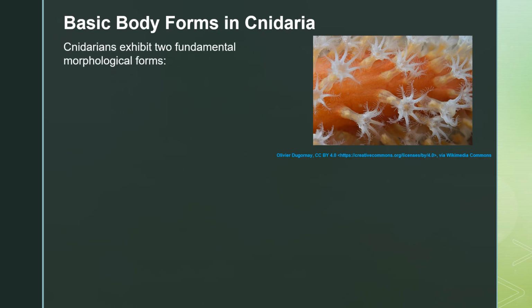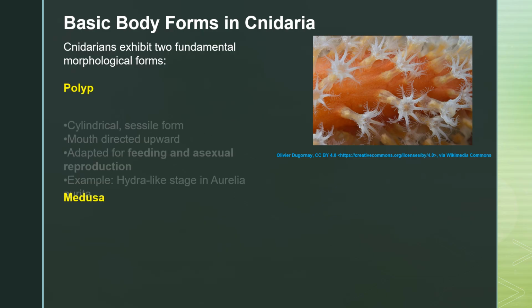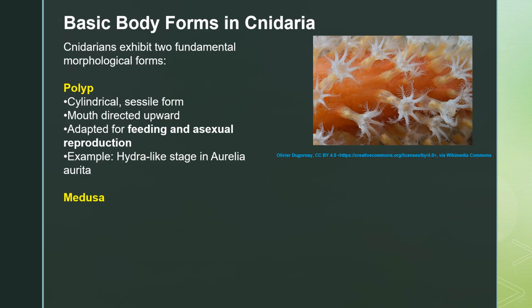If we talk about the basic body forms in Cnidaria, cnidarians exhibit two fundamental morphological forms. One is polyp, the other is medusa. Polyps are cylindrical sessile forms where the mouth is directed upward and they are adapted for feeding and asexual reproduction.